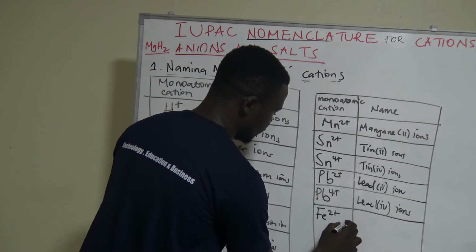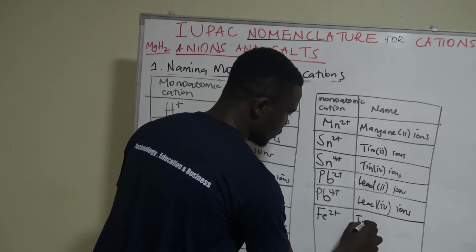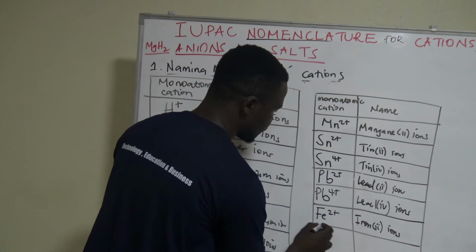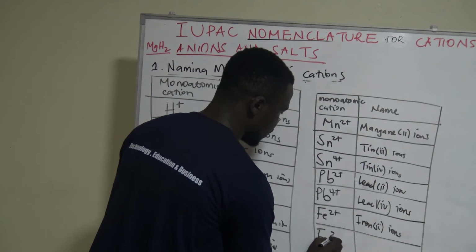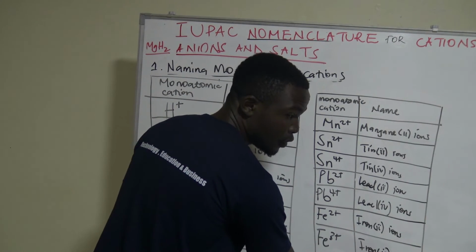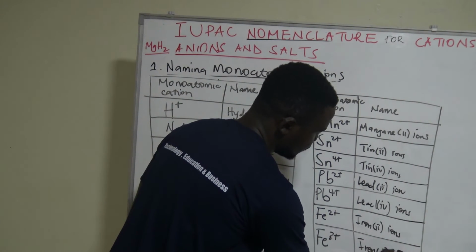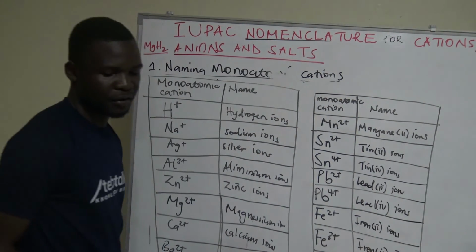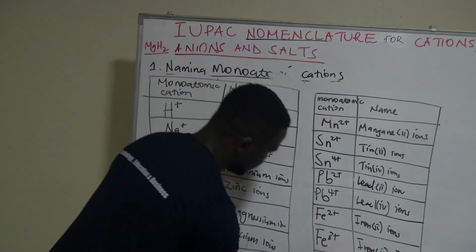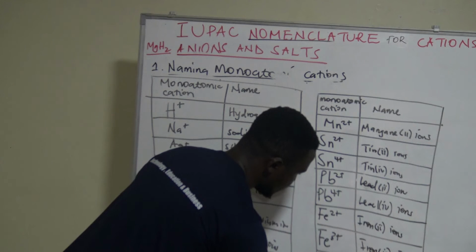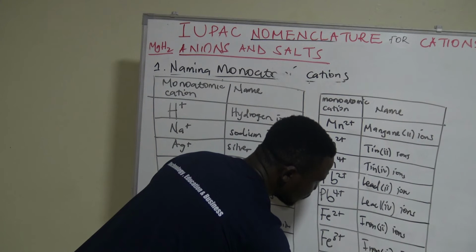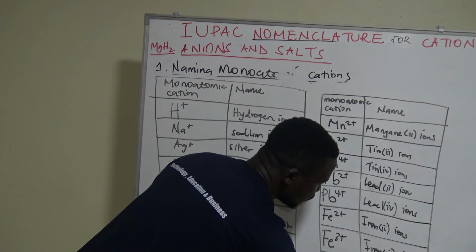We know iron is divalent, so this is the iron(II) ions. Then we also have iron(III) ions. Then from iron we can look at guys like chromium, which has various oxidation states. So this is chromium(III) ions.